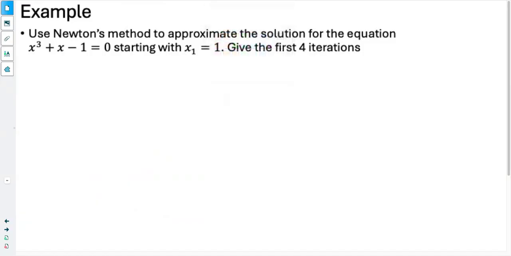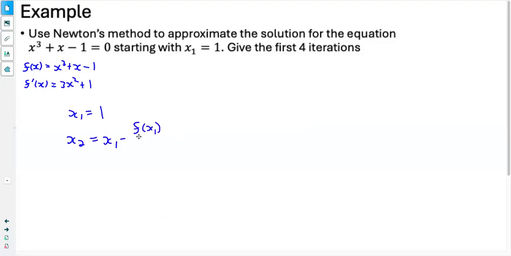I'd start by writing out our equation. We've got f of x equals x cubed plus x minus 1, which makes f prime of x equal 3x squared plus 1. Now we're starting out with x1 is 1. To get x2, that's going to equal x1 minus f of x1 over f prime of x1.